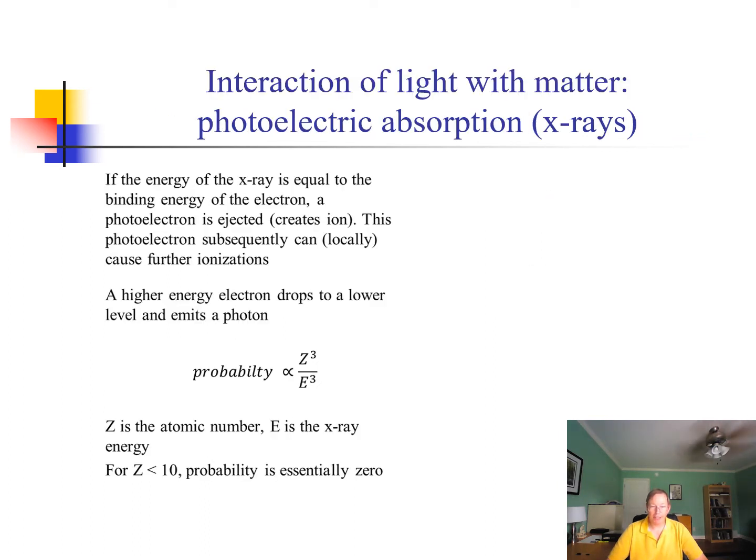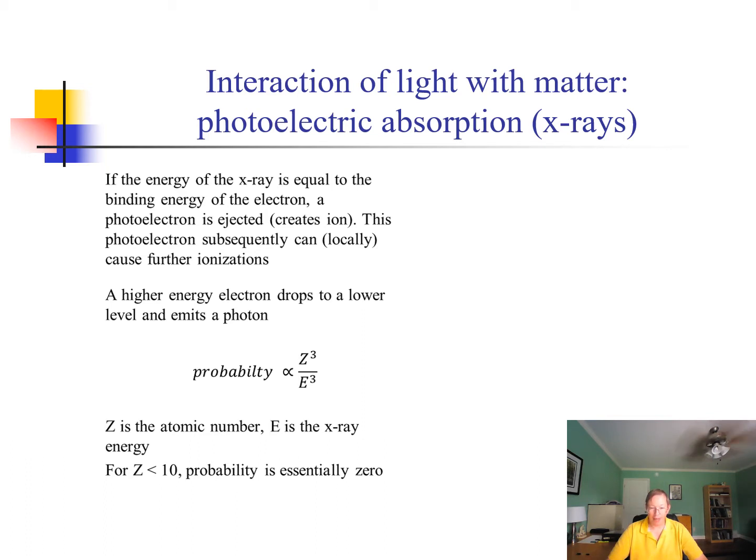So if I look at X-rays and if I look at the energy of this, for absorption, the probability of absorbing an X-ray is proportional to the atomic number cubed. It also relates to the energy, inversely related to that. So if I have an image that is formed from absorption of X-rays, it is much more likely that I'm going to absorb if I have a very high atomic number.